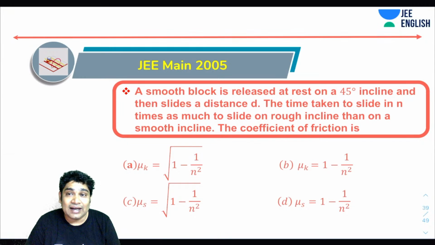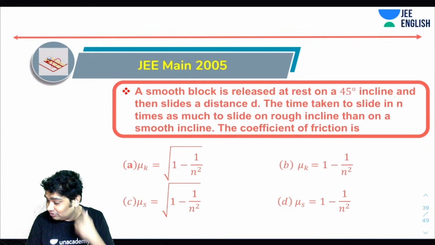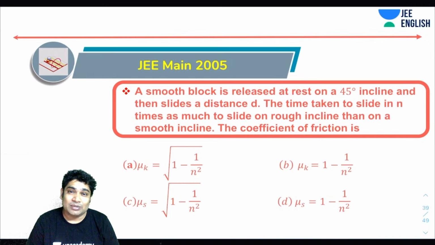The time taken to slide on a rough incline is n times the time taken on the smooth incline. You can find the coefficient of friction. The language is slightly improper, I think. That also happens in Mains at times.